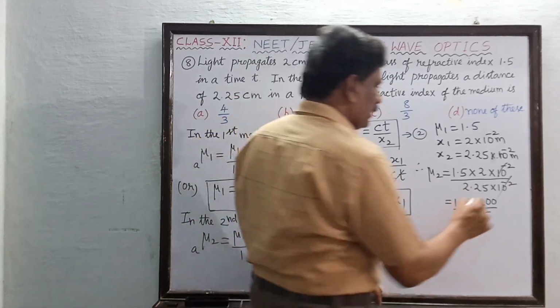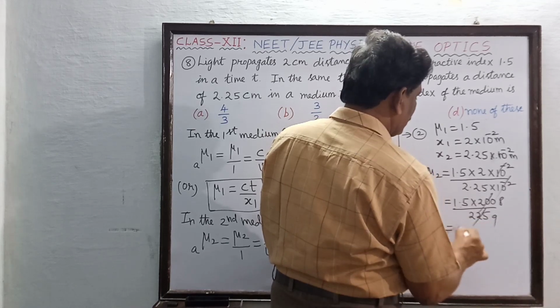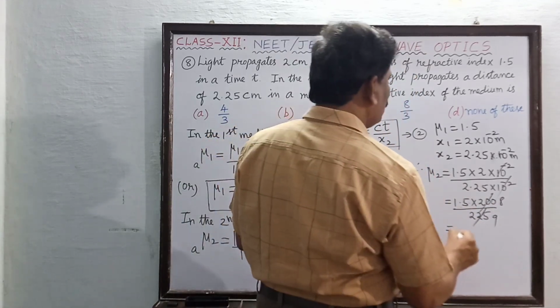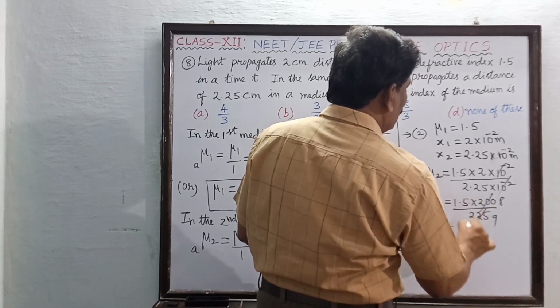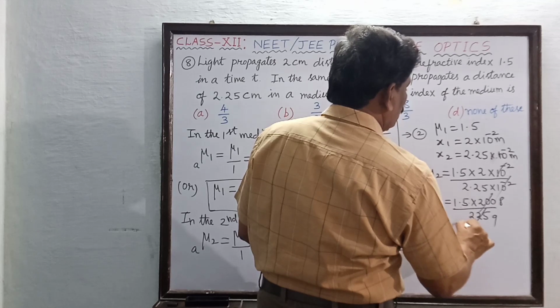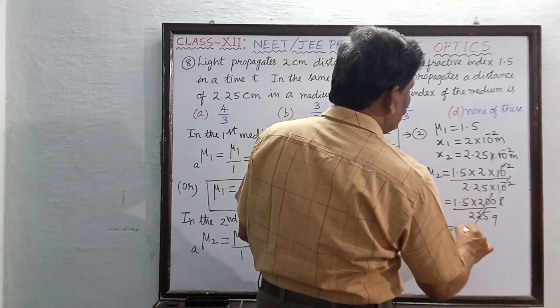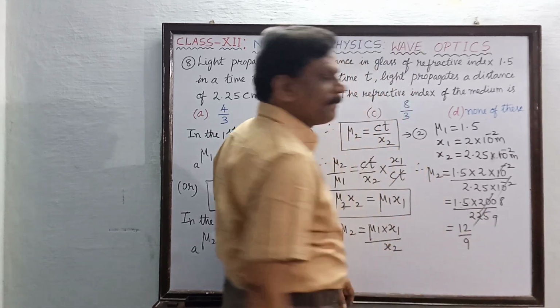Eight 25s are there. So this is 8, and this is 9. So this is 1.5 into 8. 1.5 into 8 is 3 into 4, that is 12. So this is 12 by 9.